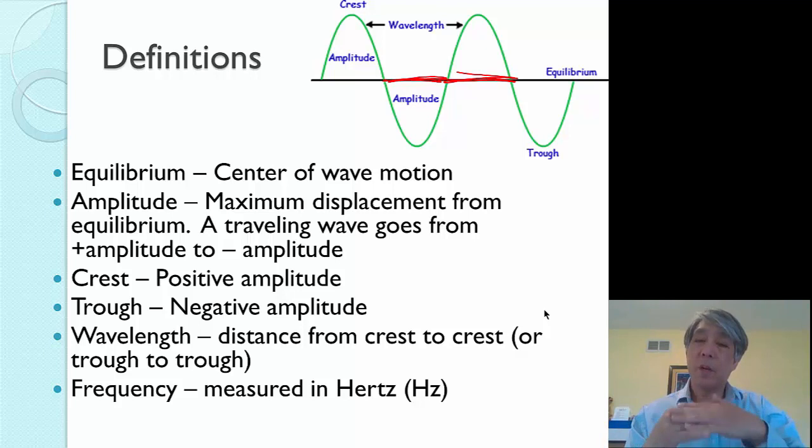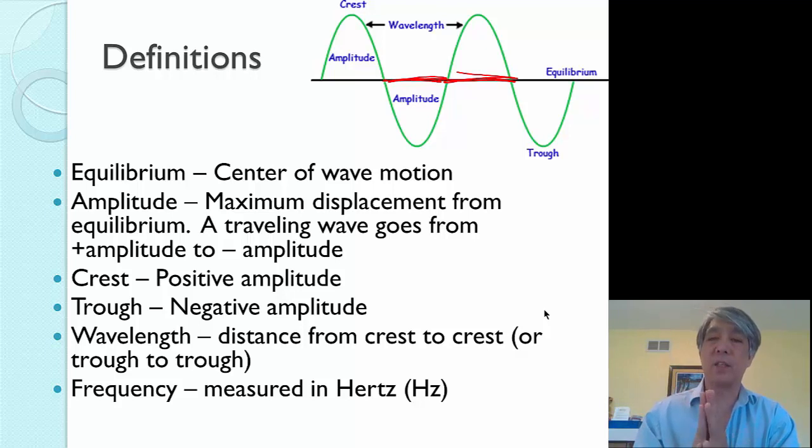The middle of that wave is going to be our equilibrium point, and amplitude again is going to be the maximum displacement from that equilibrium point. Two new words that we're going to use, but pretty common usage, are crest, which corresponds to the positive amplitude, the greatest displacement in the positive direction, and trough, which is the negative amplitude point.